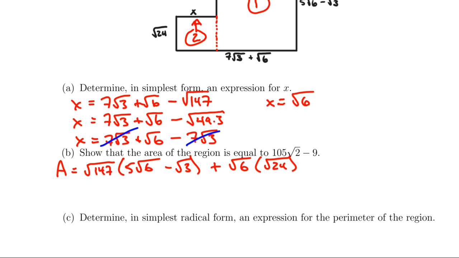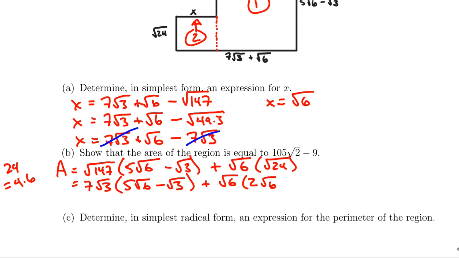Now I just have to do this. So, the square root of 147 I just saw in the previous question. That is 7 root 3 times 5 root 6 minus root 3. And then the square root of 24, remember, 24 is going to be the same as 4 times 6. I can take a 2 out of that.